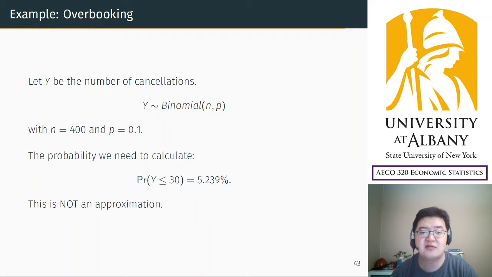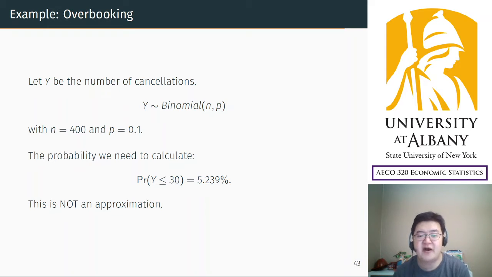Then we know that y follows a binomial distribution with parameters 400 and 10%. 400 is the number of reservations, or the maximum number of cancellations, and 10% is the probability of success. Here the success is cancellation. And we need to calculate this probability. Here it's not easy actually.